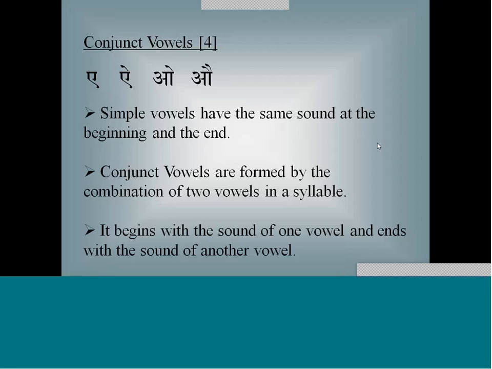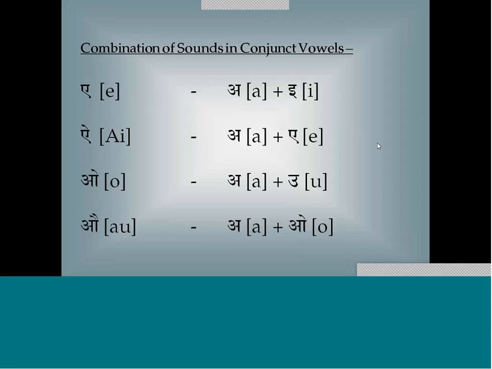I'm moving to the next slide. I'm giving here how the combination is. It's only a representation of the combination of the sound. When you say A, it's a combination of the sound A and E. What is the place of pronunciation of A?